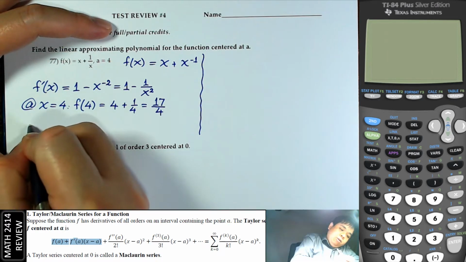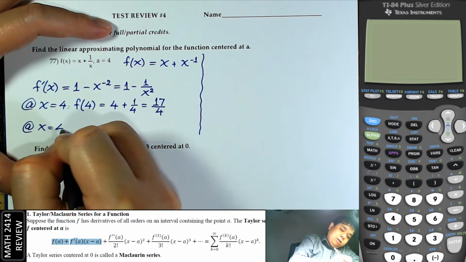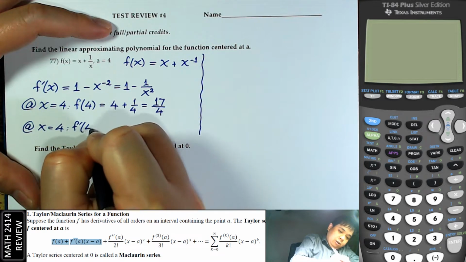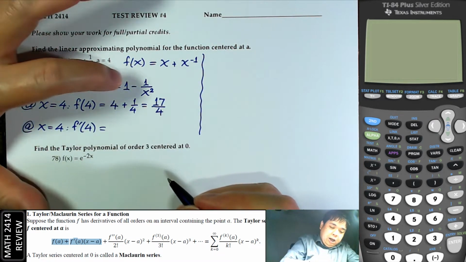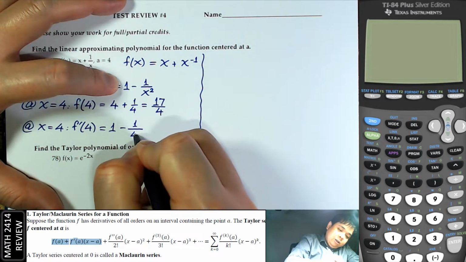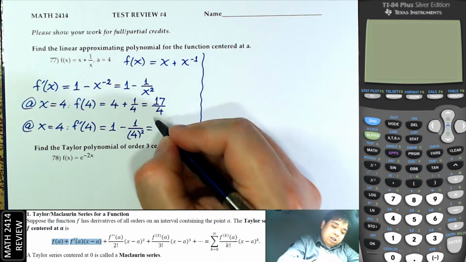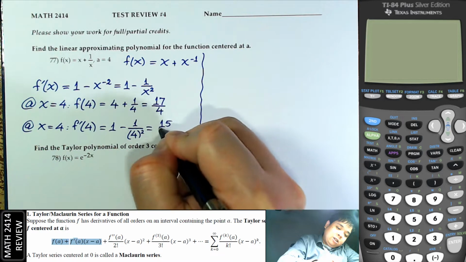And then the derivative. Put 4 in here. So that's 1 minus 1 over 16, so that's 15 over 16.